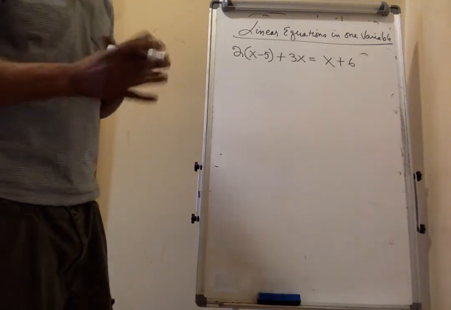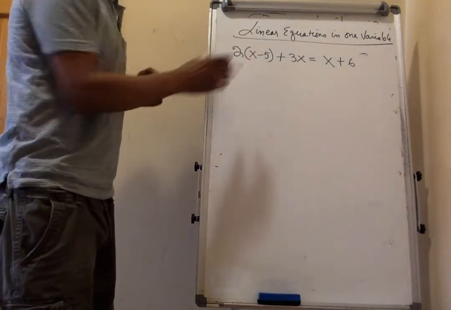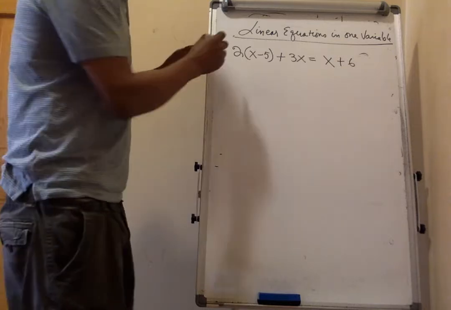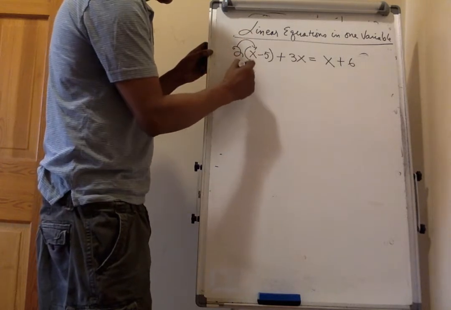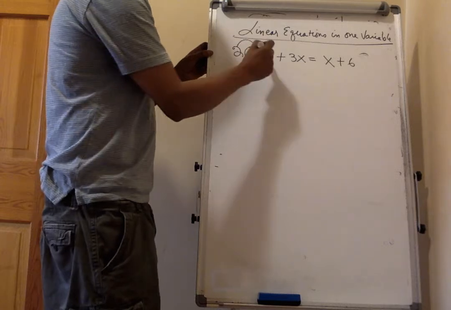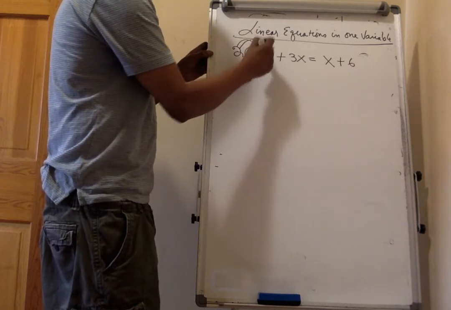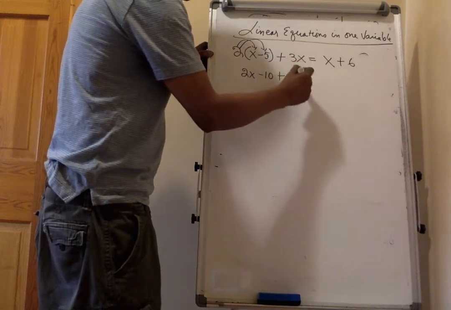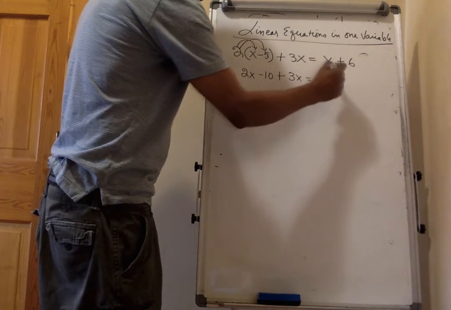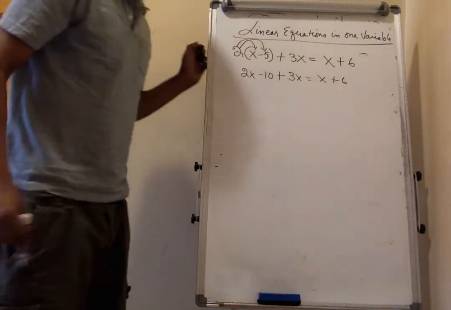Now, before I even start simplifying this, I have to get rid of the parentheses. So I'm going to distribute 2 to everything inside. 2 times x is 2x. 2 times negative 5 is negative 10. Plus 3x is equal to x plus 6.